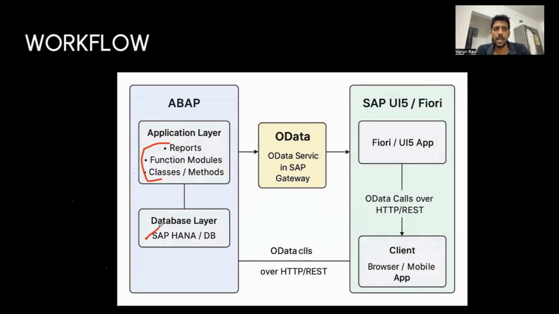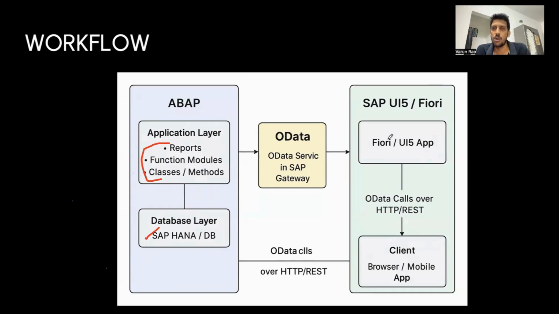And after SAP HANA, in the next step, you have your OData service, which is the SAP gateway. The ABAP communicates with OData, and OData communicates with the front end. Again, the front end also communicates with the OData. This is a mutually exchangeable communication that is established here.